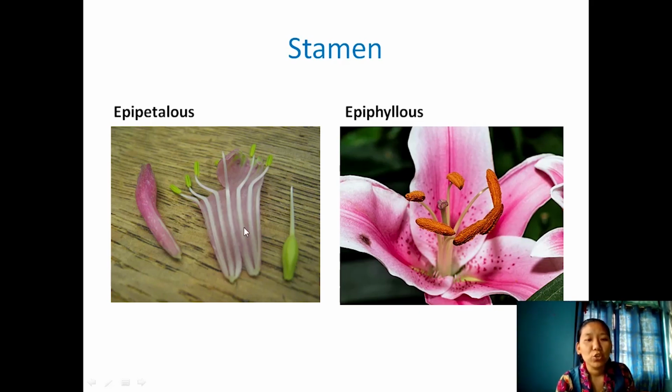So that is epipetalous. And in the case of lily, that is in monocots, we know that the petals and the sepals are fused to form tepals. In this case, when the stamens are attached to this perianth, or the tepals, we call it epiphyllous.